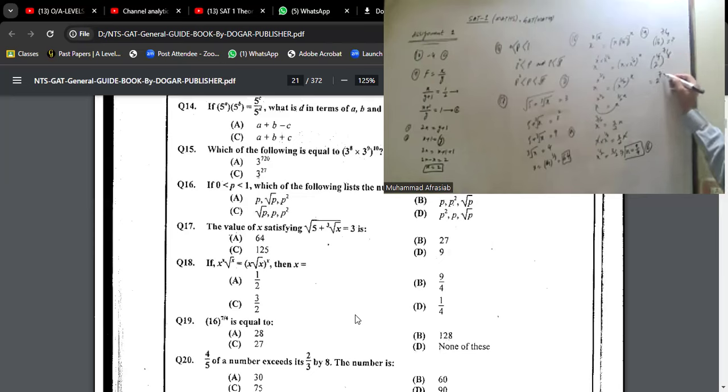It should be equal to 2 power 7, and that is equal to 128. So 128 is the answer of this question, part B.